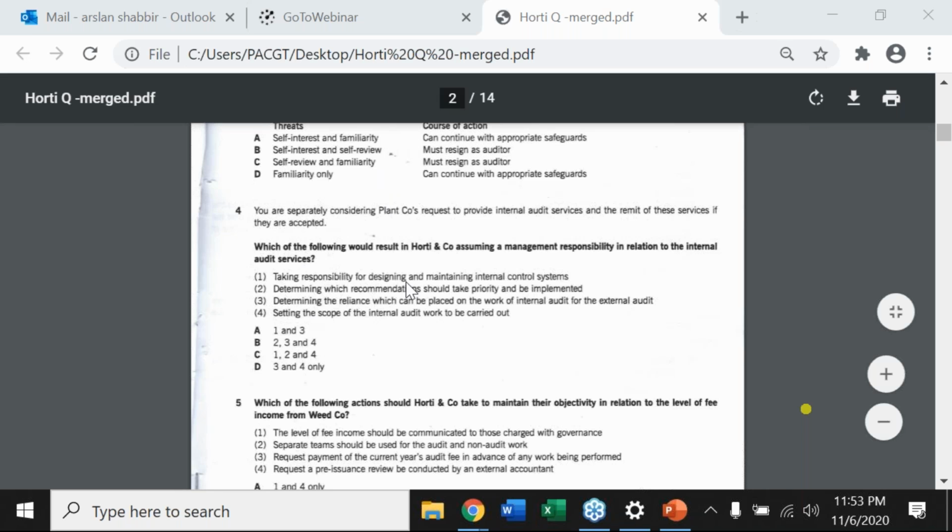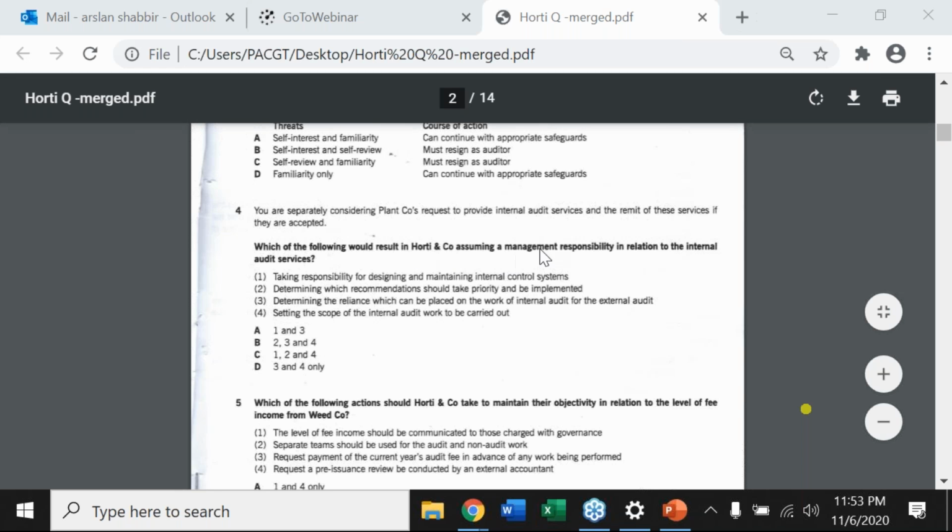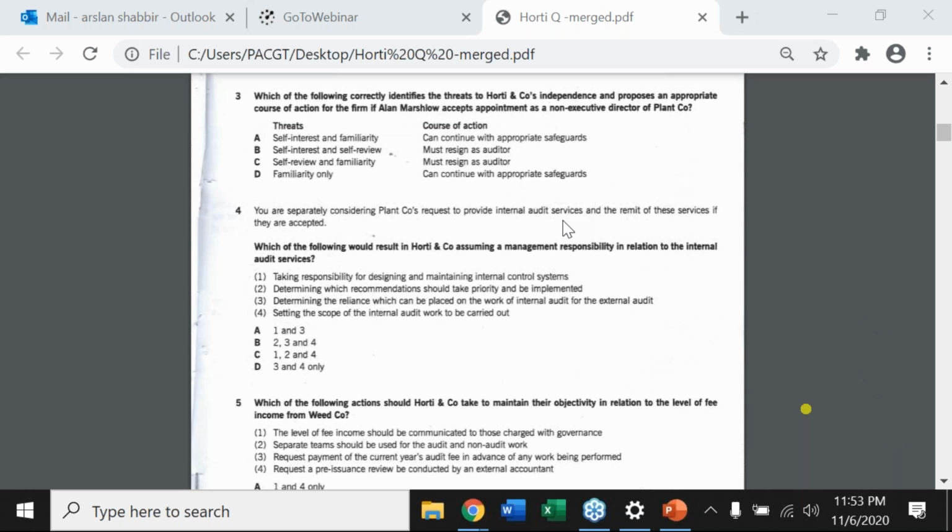The question is, if the audit firm is providing the internal audit services, then what would be the responsibility of the audit firm as a management responsibility? What would the audit firm do as the owner of the internal audit function?